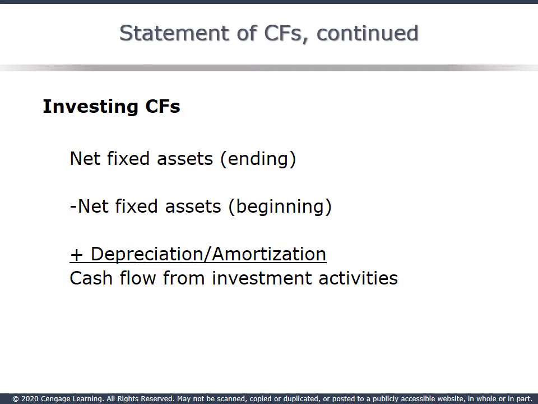We're going to subtract out our beginning amount in net fixed assets, which is just the end of the prior year. So we're going to look at the year before's net fixed assets entry, and we're going to come up with a difference. And then we're going to add in depreciation and amortization, which comes from the income statement. That leaves us with our cash flow from investment activities.